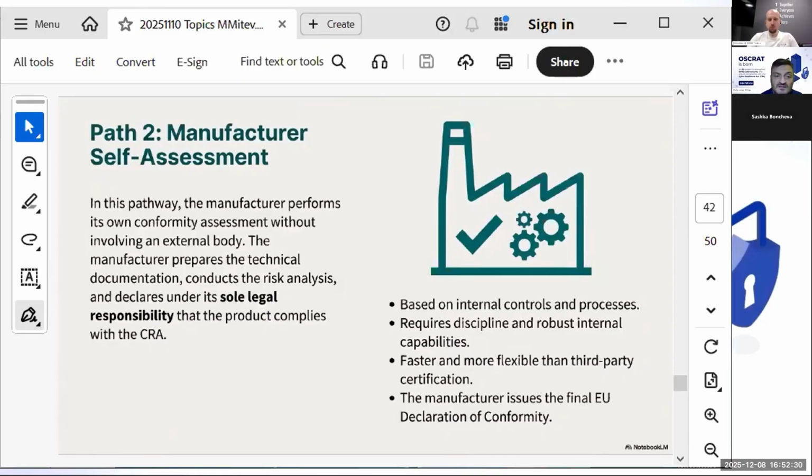It can be faster and more flexible than third-party certification, which makes it attractive for companies that produce products with simpler risk profiles. At the end of the process, the manufacturer issues the EU Declaration of Conformity, which allows the product to enter the European market.